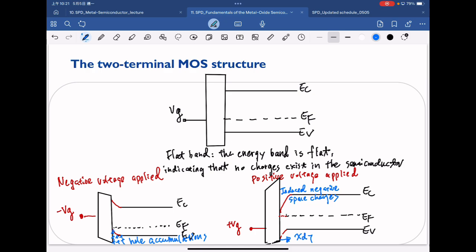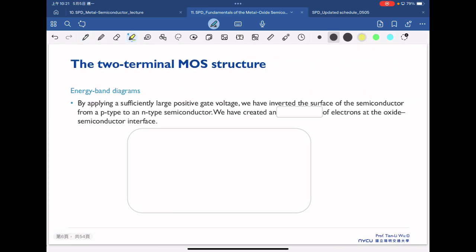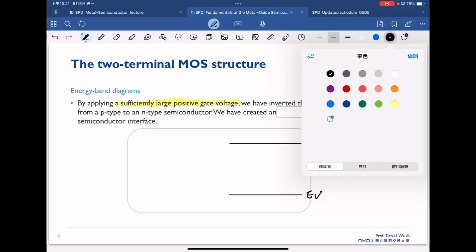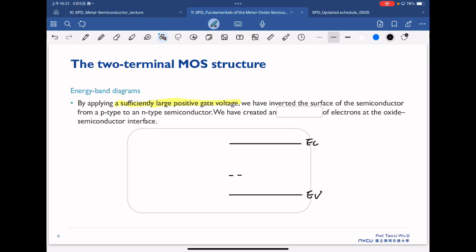So finally, in the last case, we are interested in what happens if we apply a very large positive gate bias. By applying a sufficiently large positive gate bias, this also will change the band diagram. So again, we have the EC, EV, and our EF is here.